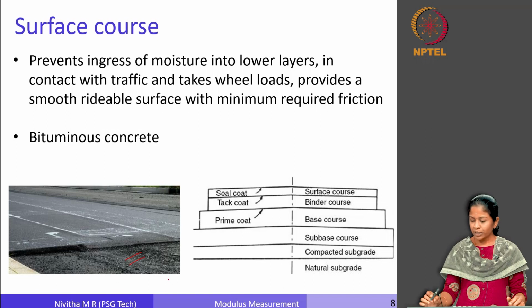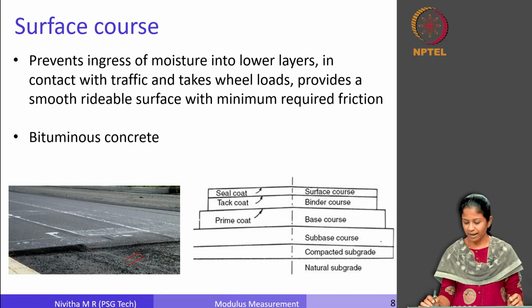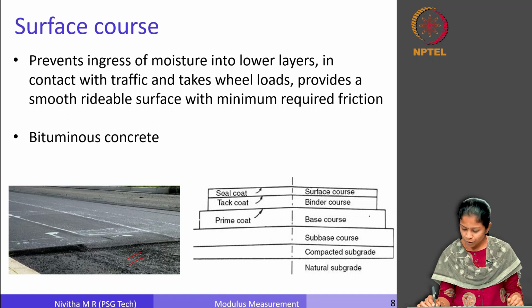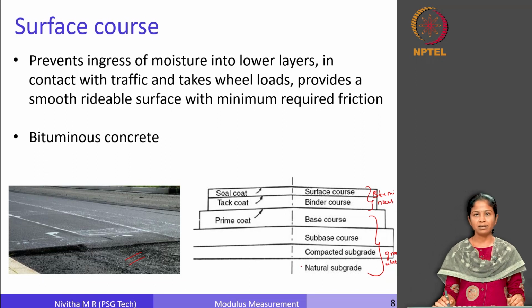Now, when you look into the materials which are used for each of these layers, we see that the base course, sub-base, compacted and natural subgrade are typically composed of granular materials, whereas the surface and binder course are composed of bituminous materials. Again, if you take the granular layers, each of these layers is different.